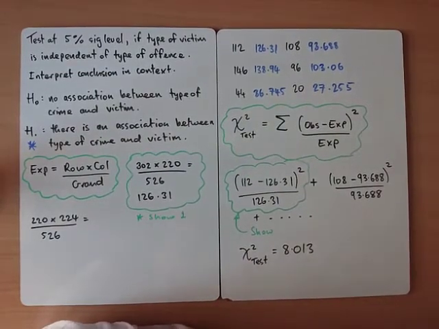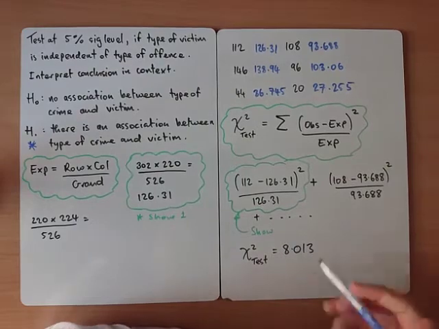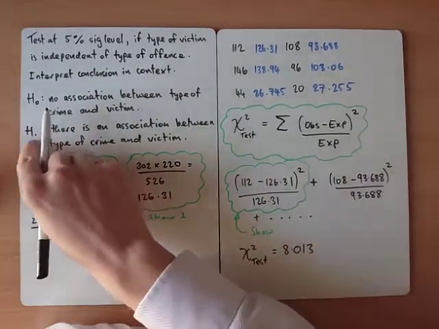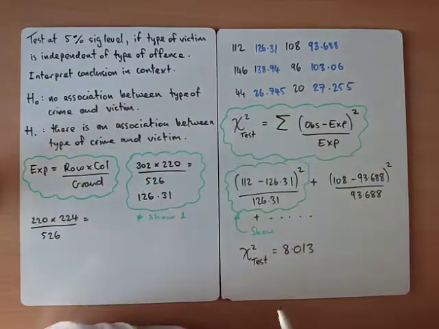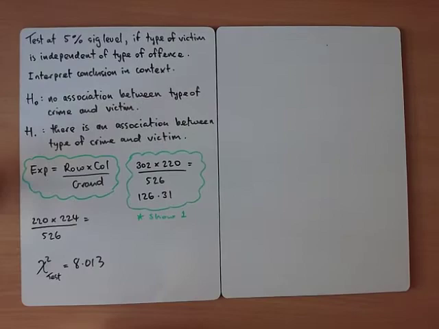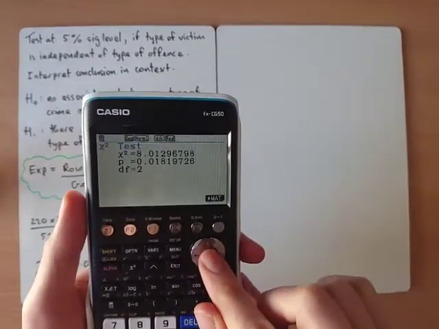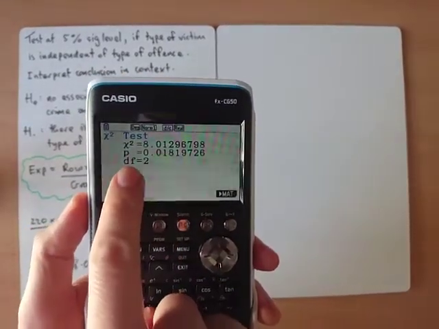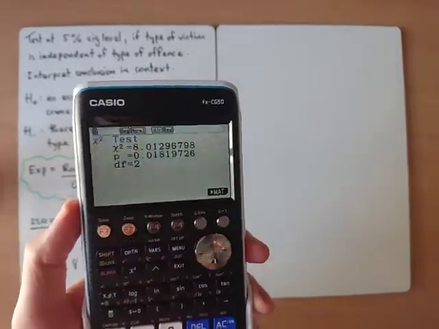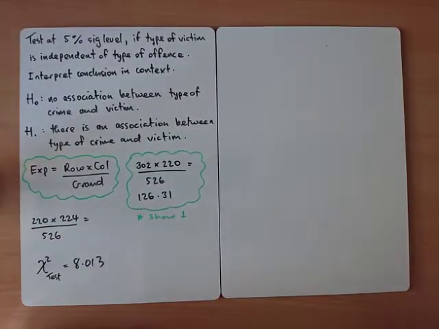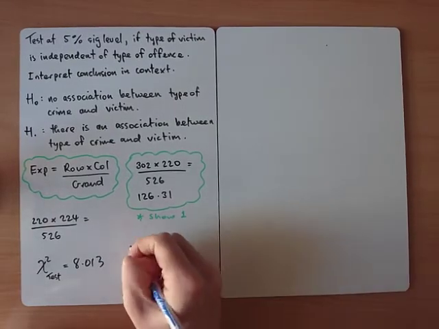Nearly done. Now we need to think about, once we've got this value, what are we going to conclude? Are we going to say there's no association, or that there is an association? One other thing I should have mentioned while we were looking at that screen, it gives you the degrees of freedom. So DF represents degrees of freedom. In this question, the degrees of freedom is 2.